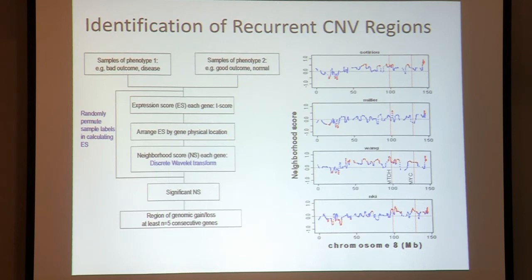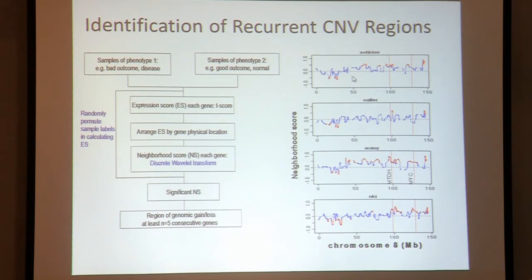Okay, so this is the basic concept of the inference of recurrent CNV regions. For a cohort, you can divide the patients into two groups: the bad outcome and the good outcome, the survival long and the survival short. And then we smooth this gene expression profile.